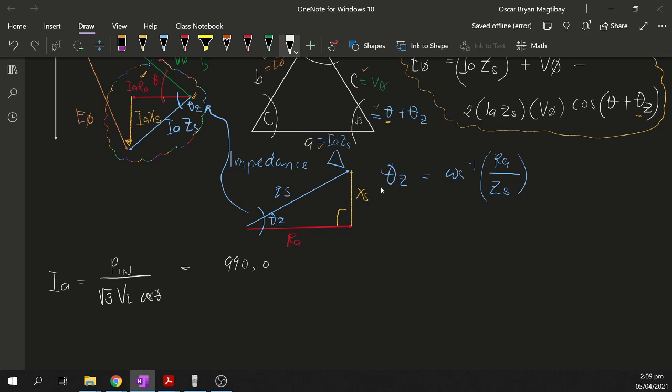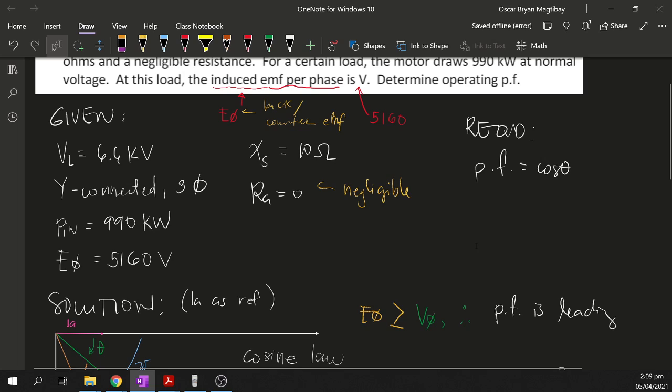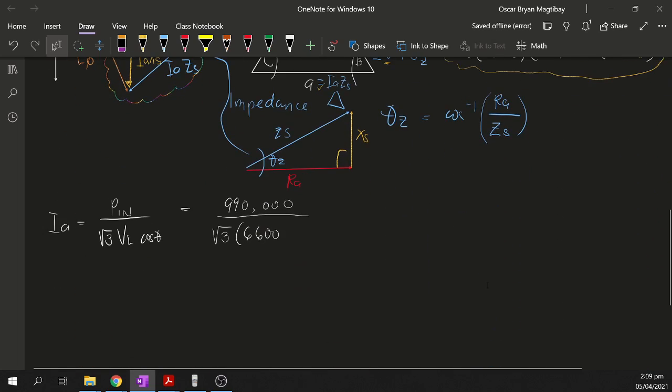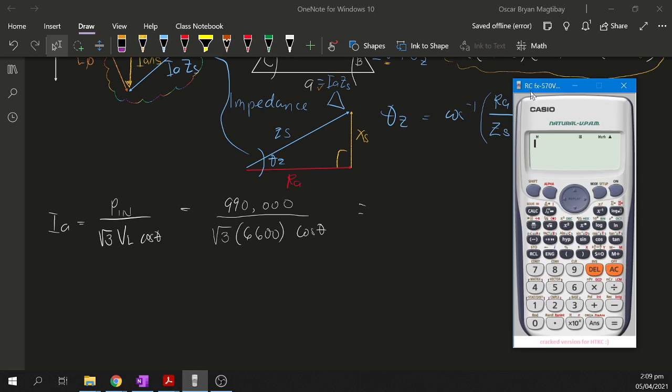So this is 990,000 over square root of 3 times 6,600. Tama ba? 6,600 ang VL natin. Yes, 6.6 kV, cosine theta. So, anong equivalent na to? So, gamitin natin ang ating mahiwagang calcu.